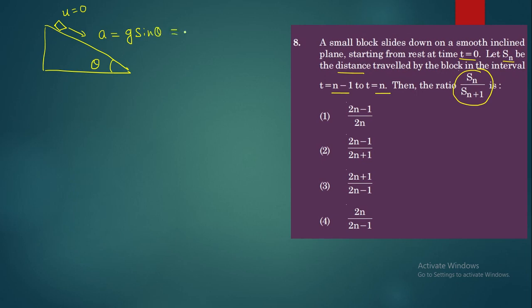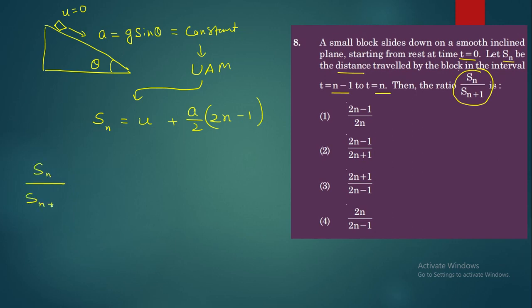I am writing this because this acceleration is constant, and if this acceleration is constant, the motion of this block is uniformly accelerated motion, and then we can use the uniformly accelerated motion equations. We study that the distance traveled in the nth second by a block in uniformly accelerated motion is to be this one. Now let me calculate Sn divided by Sn plus 1.